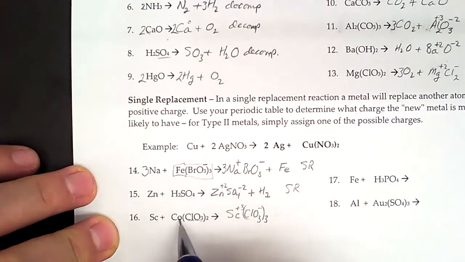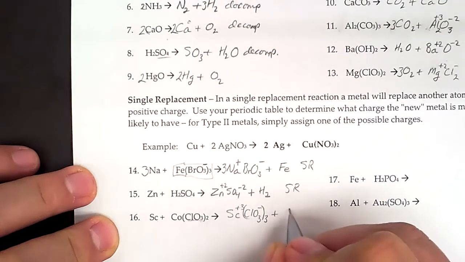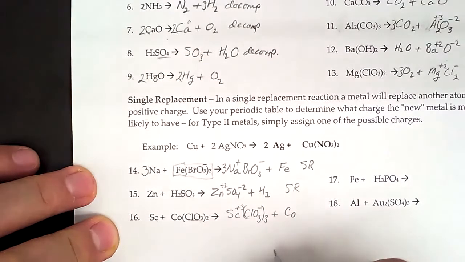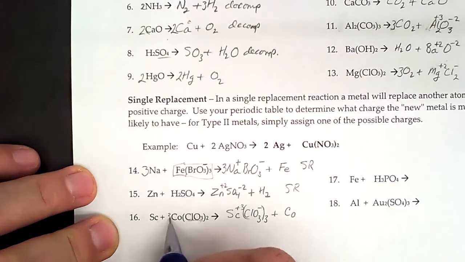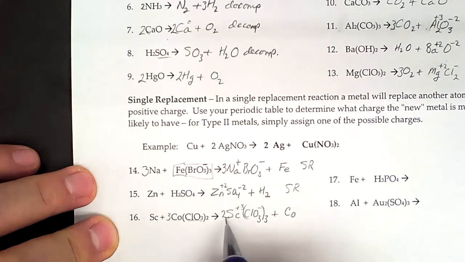And what comes shooting off is the cobalt, and we said metals by themselves just sit there by themselves. So now I got to balance this left and right, and this is 3 chlorates and 2 chlorates. We've got that classic 3-2 problem. So I'm going to multiply this by 3 and this by 2. And now I have 2 sets of 3 chlorates and 3 sets of 2 chlorates.